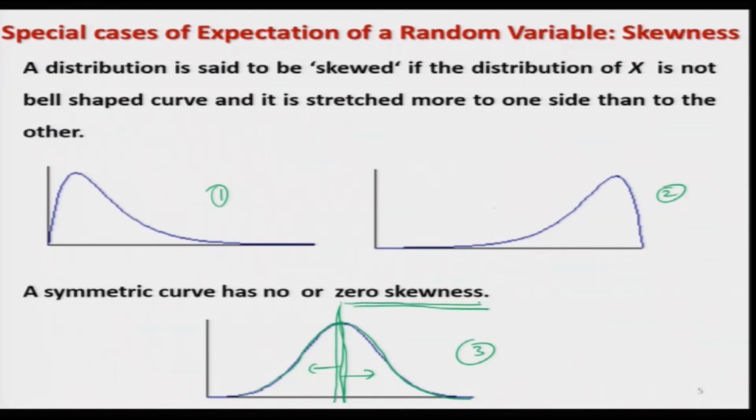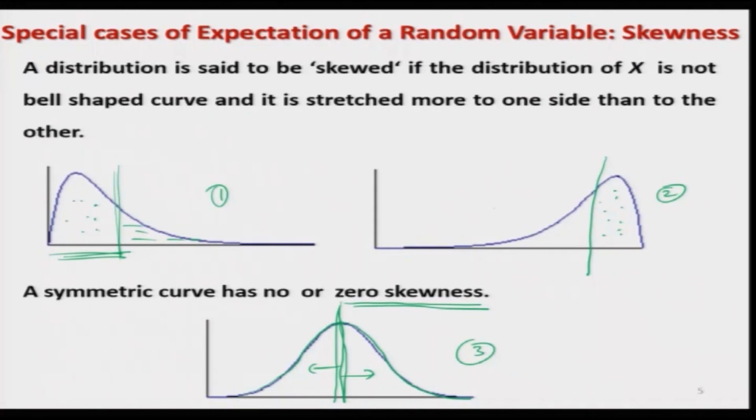And in case if you have a curve like as in the figure number 1, you can see here that in this part the concentration of the values is much more here than in the remaining part. So, in this case more data is concentrated on the left hand side, and in the figure number 2 the opposite happened, that more data is concentrated on the right hand side of the curve, right.